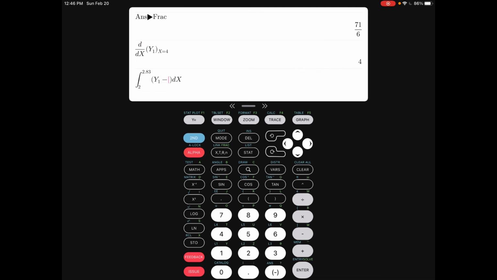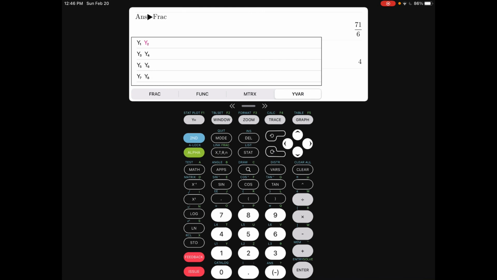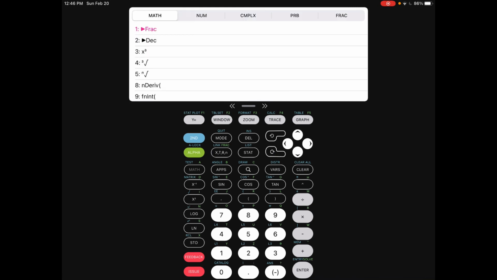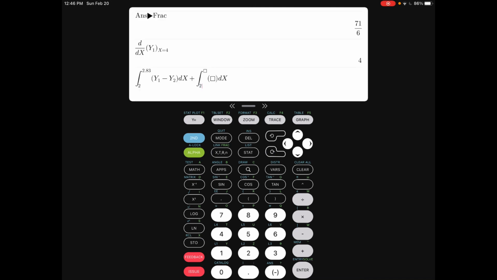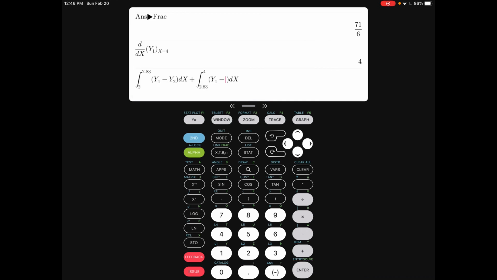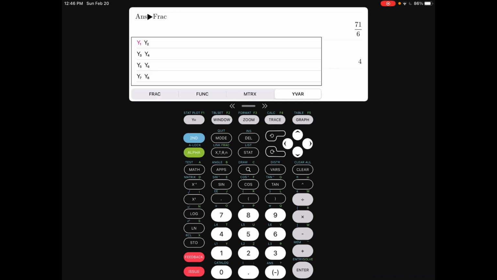That first little region, it's just looking at the area between the two parabolas, plus another integral between 2.83 and 4 of the top parabola, which was y1, minus the tangent line, which we've now put in as y3.